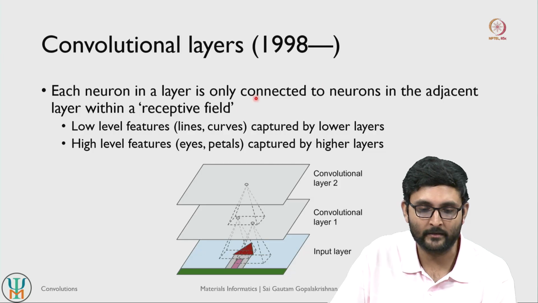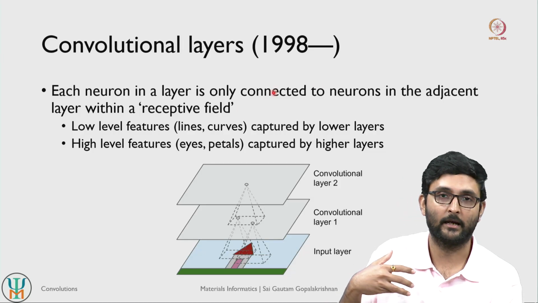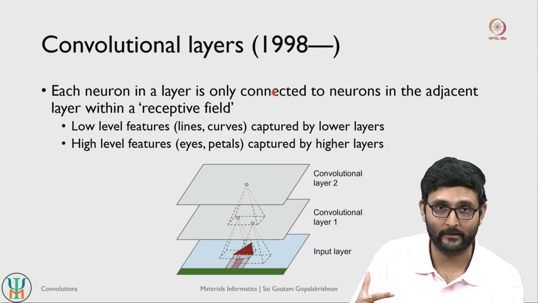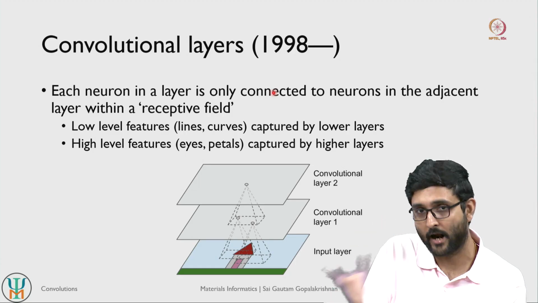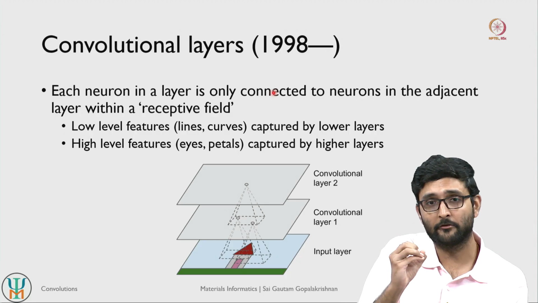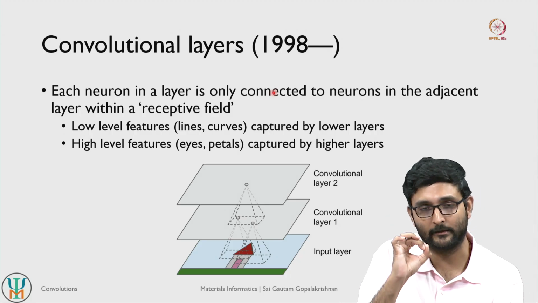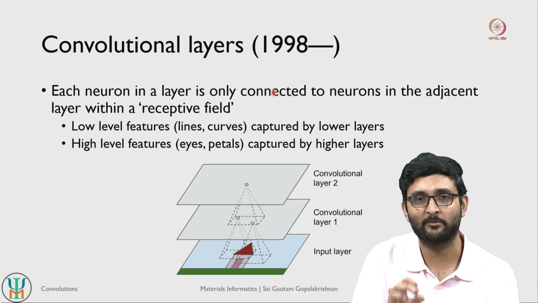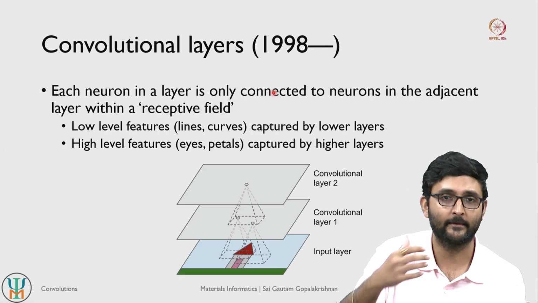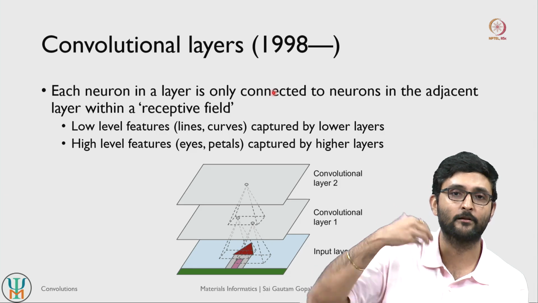So this is in short how convolutional layers work. They are different from dense neural networks in the sense that every neuron is not connected to every other neuron. Every neuron only interacts with neurons in its own receptive field. So it only interacts with a limited subset of neurons in the previous layer, a layer that is lower than itself.